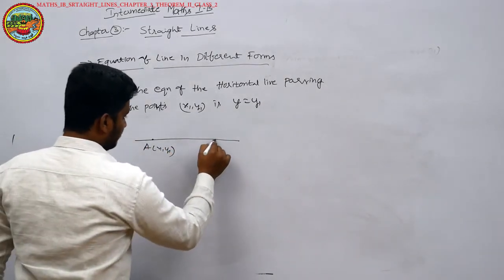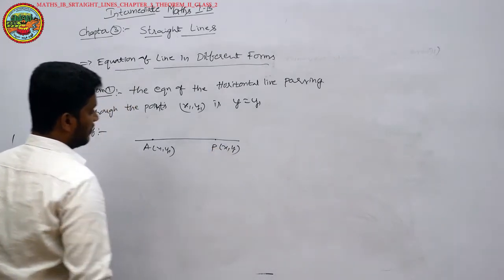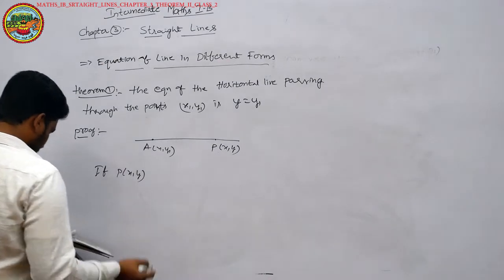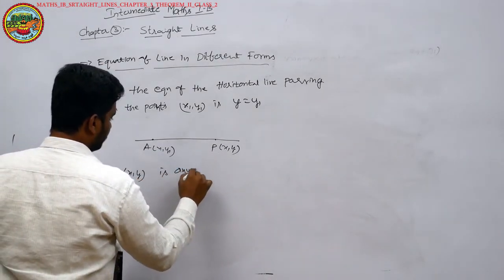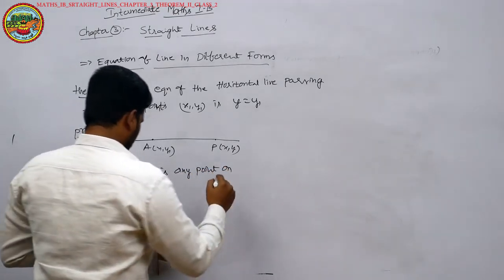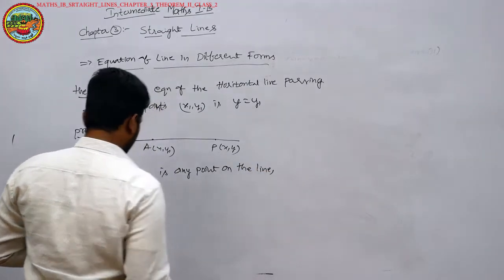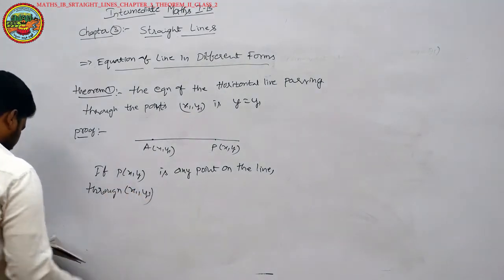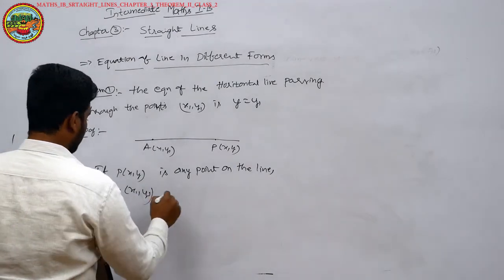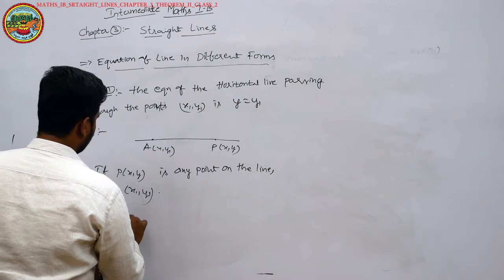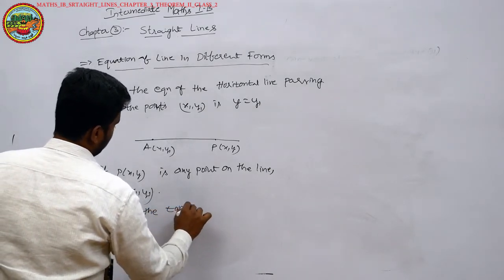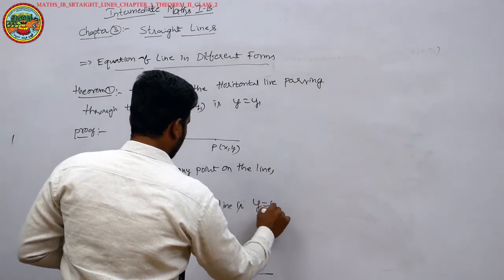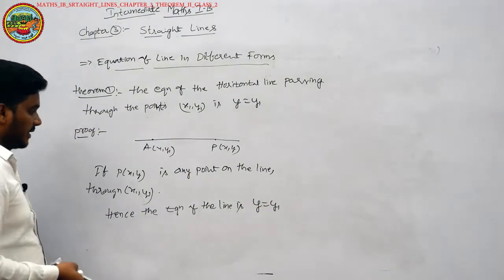So let the point P x comma y be any point on the line through the point x1 comma y1, so hence the equation of the line is y is equal to y1, since it is the horizontal line.